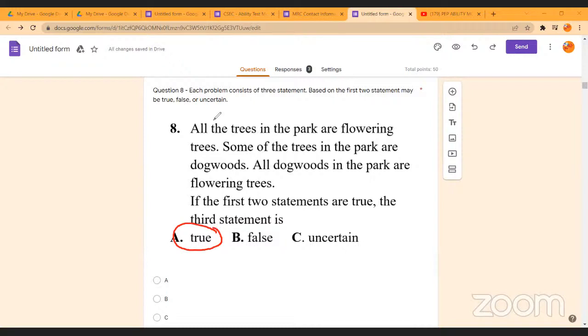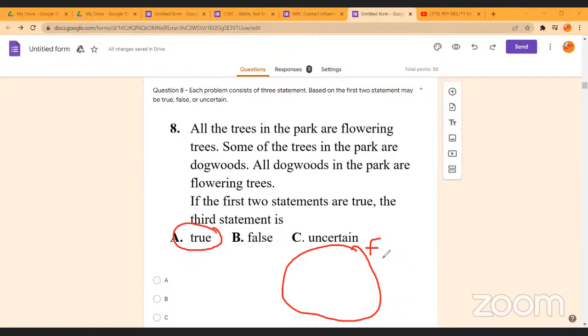Absolutely amazing. Stop at that part. So all the trees in the park are what type of trees? Flowering trees. So we know that in this big circle, we have flowering trees. So every tree in the park is a flowering tree. Now let's read the second statement. Some of the trees in the park are dogwood. Hold on, stop at that point.